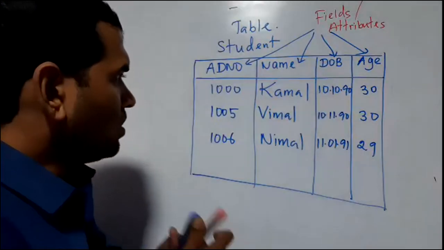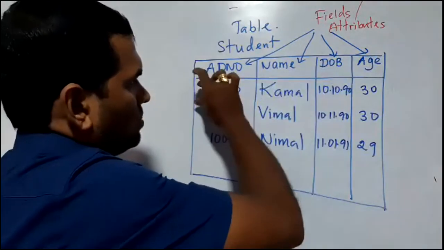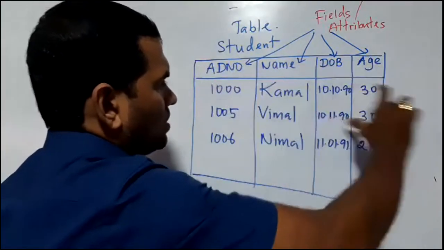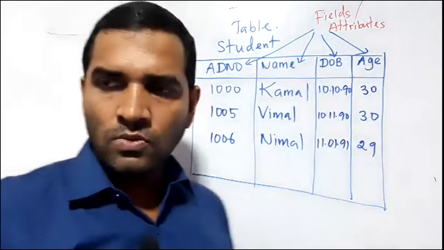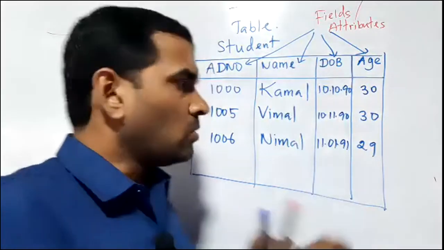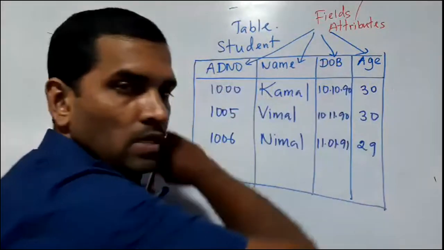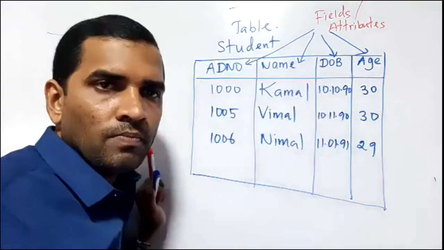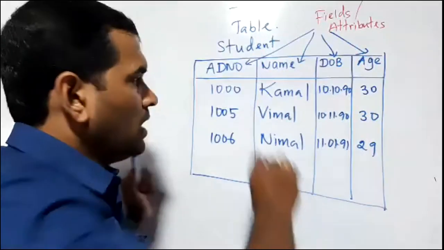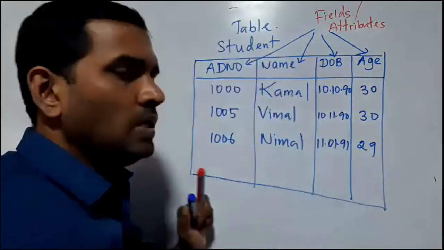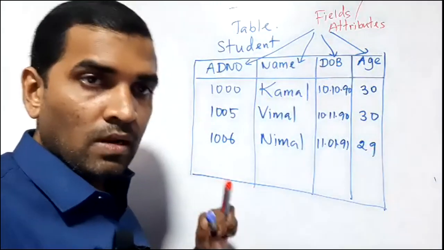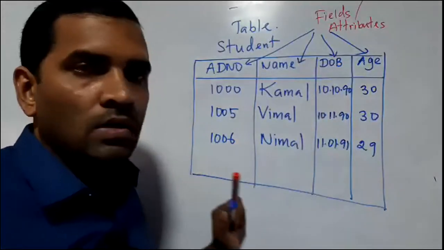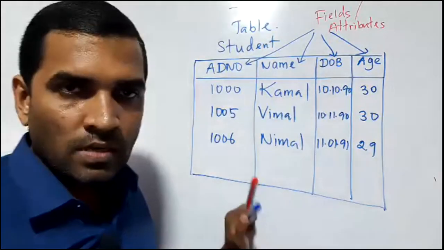Now look horizontally. You have a row, a second row, a third row. We have 3 rows, and every row has a student's details. In the first row, the details of Kamal are inserted. In the second row, details of Vimal are saved. In the third row, we have Nimal's record.